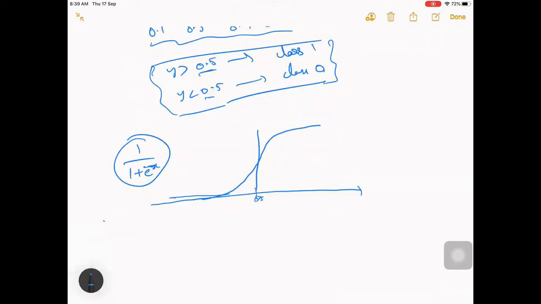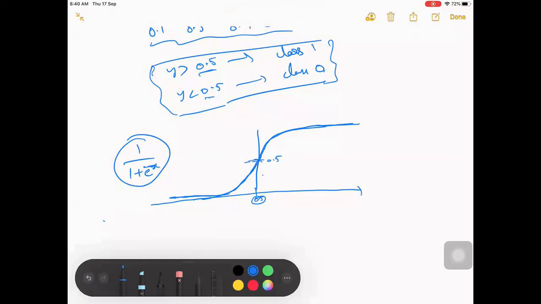If it is greater than 0.5, it will go into this, positive or negative, what we have discussed. This is the kind of curve you will be getting if you plot 1 by 1 plus e power minus x for each value. At one point, it will cross 0.5. Let us say this is the 0.5 line.